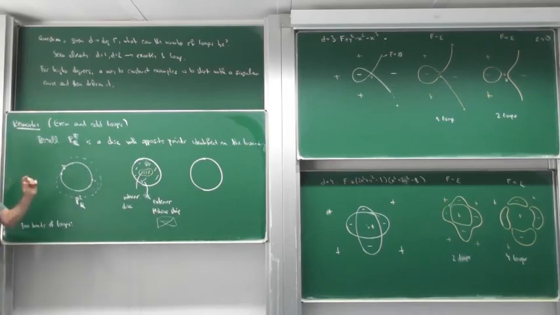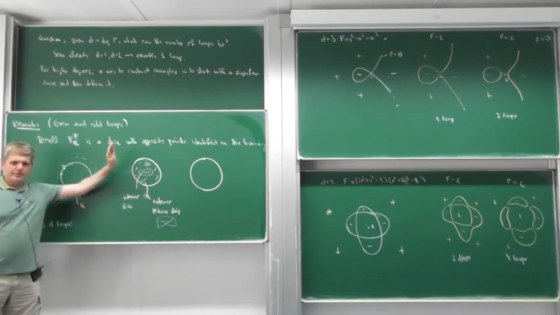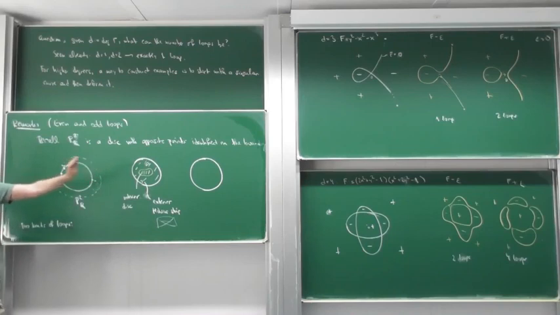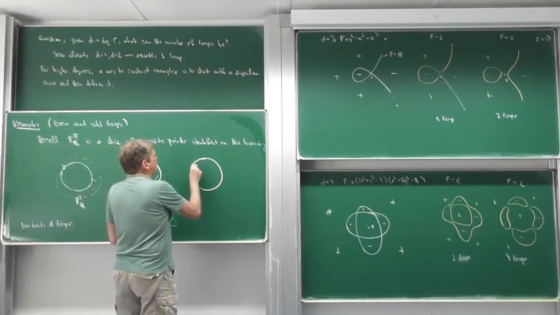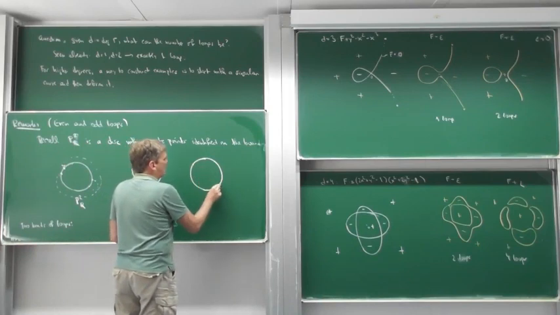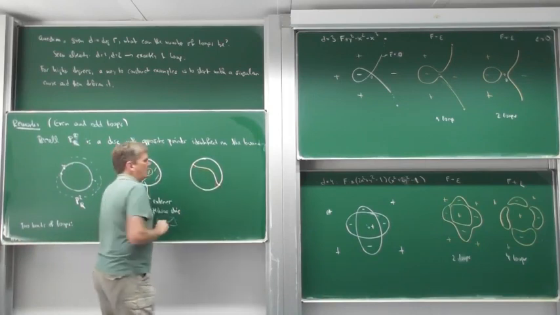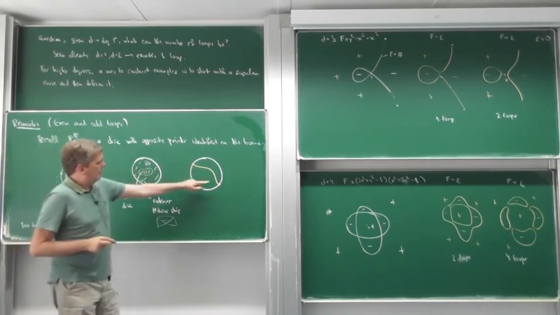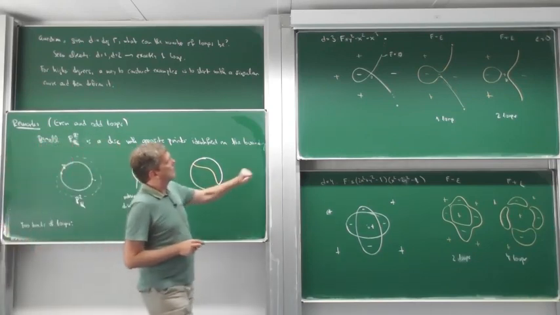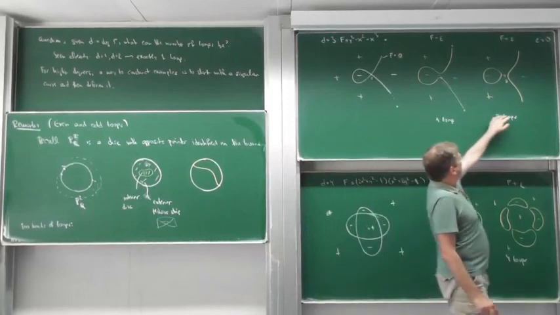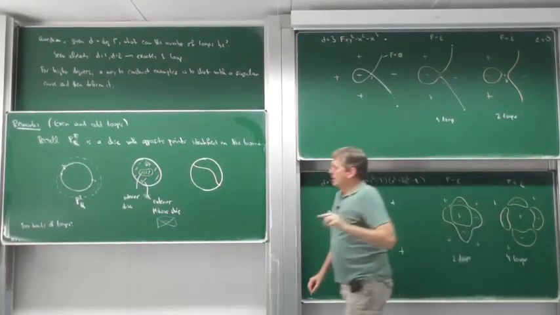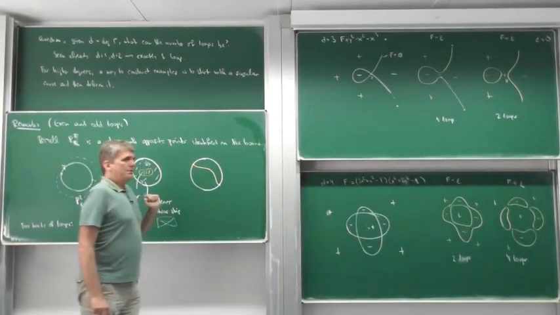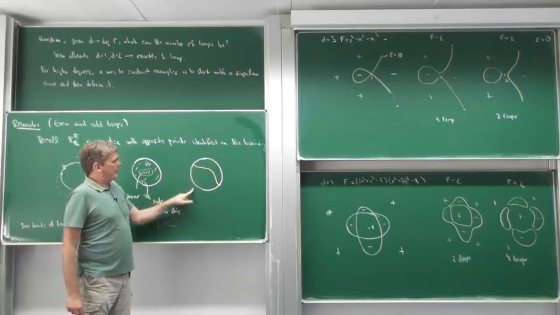In any case, the most important thing is that it really divides the thing into two parts, which seems natural, but there are also loops that don't do that. Namely, as we identify opposite points, something like that would also be a loop in that space, because that's the same point as that. And that one does not divide the plane into two regions, because I can cross this and that's the same as that.